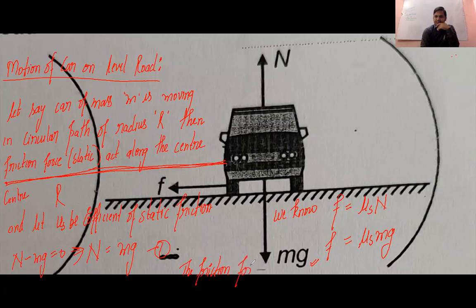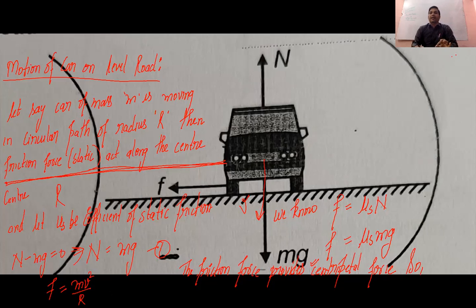The friction force provides the centripetal force. So what can we write here? This friction force is equal to mv square by r, and v is the velocity of the car. This car is moving with velocity v. This will be mv square by r.